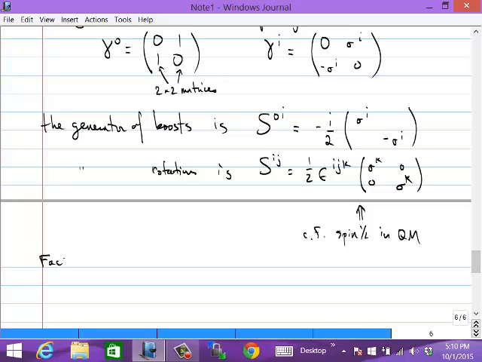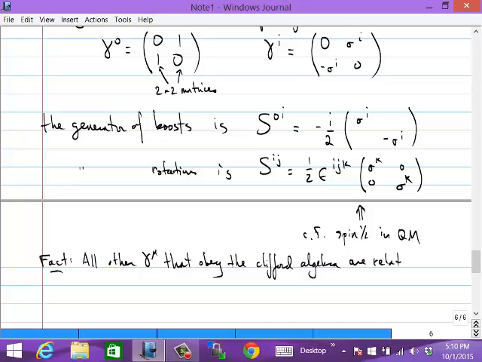It turns out to be an interesting fact, but not one that we'll bother to prove, so I'll just quote it for you: all possible matrices that obey the Clifford algebra can be written, by some change of basis, as these gamma matrices that I've written above.